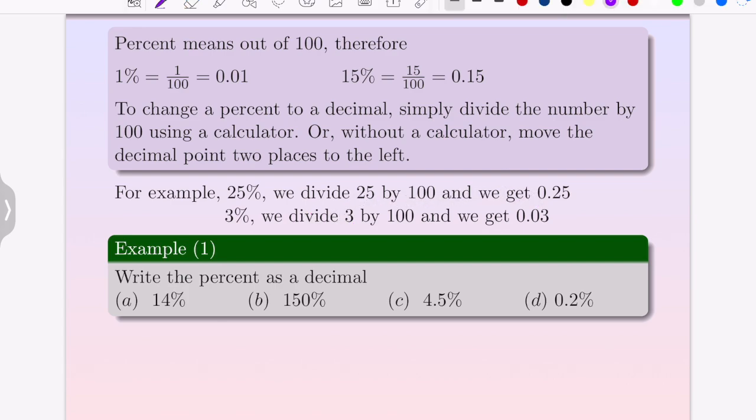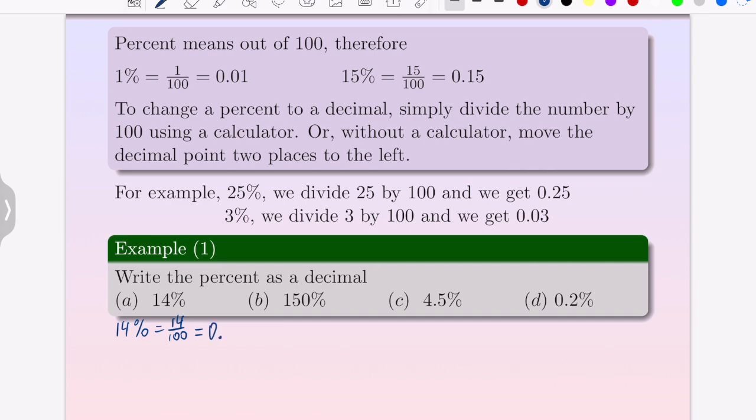So, for example, write the percent as a decimal, 14%. So 14% is the same as 14 out of 100, and we can either move the decimal from here 1 and 2 spots, or we can just simply type it on a calculator.